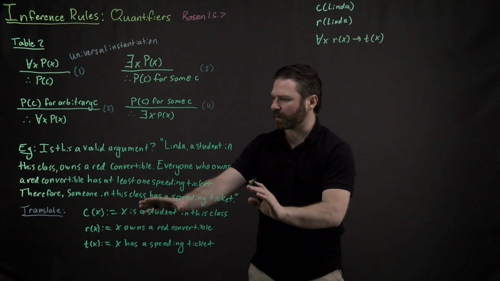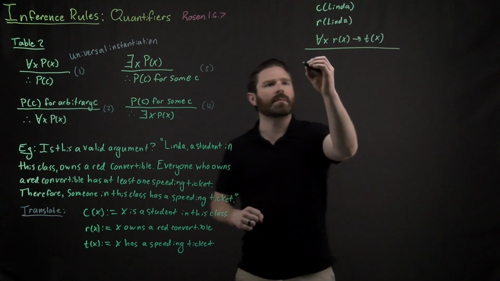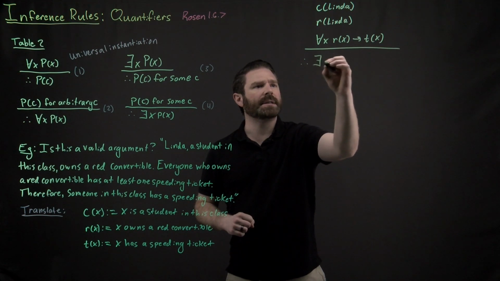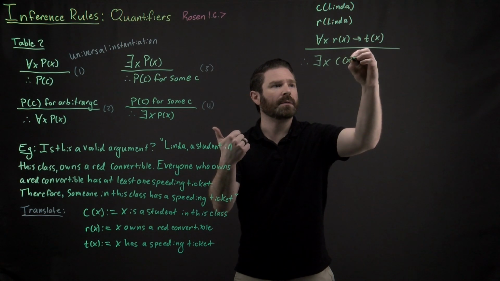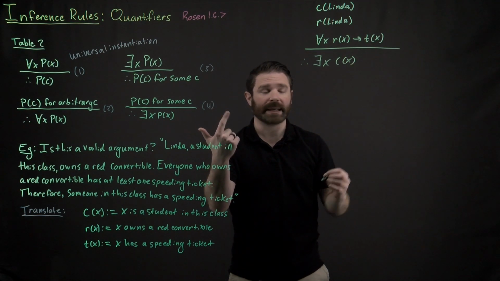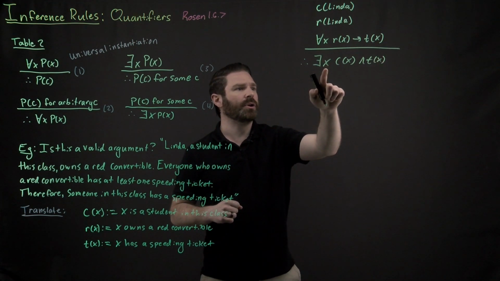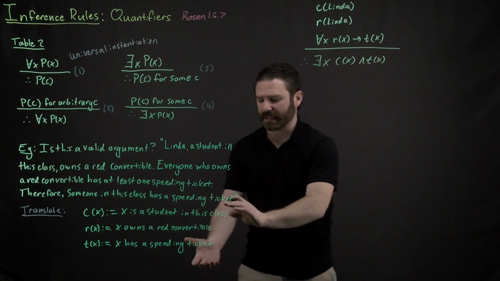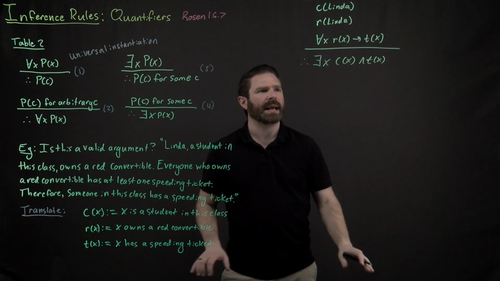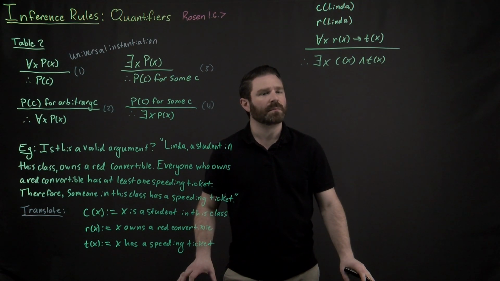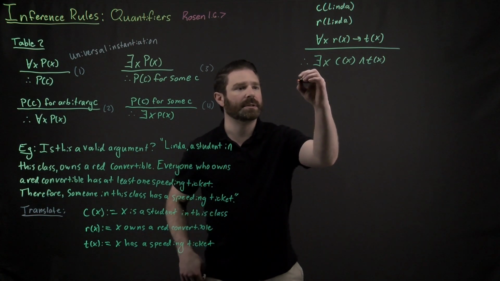And the conclusion is: therefore, someone in this class has a speeding ticket. Therefore, there exists someone who is both in this class and has a speeding ticket, using these propositional functions. And I want to figure out, is this a valid argument? So let's justify that this is a valid argument.